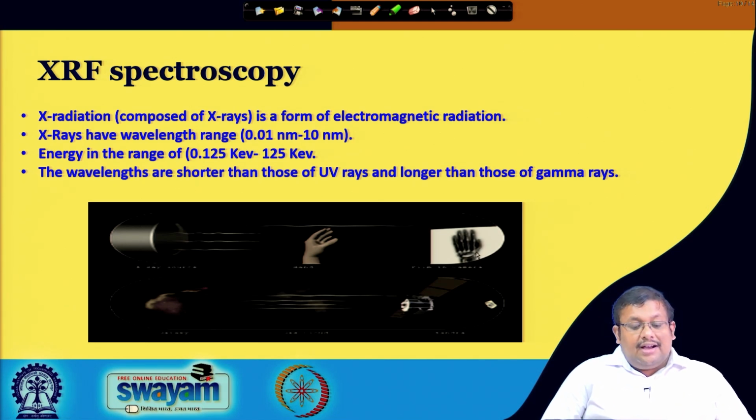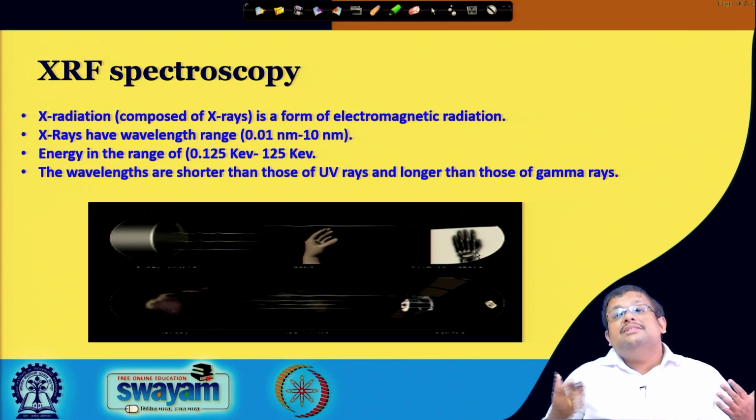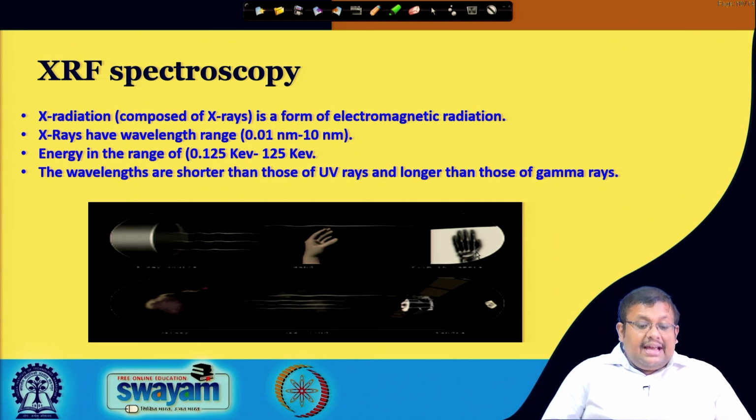These X-rays have a wavelength range from 0.01 to 10 nanometer and an energy range from 0.125 kilo electron volt to 125 kilo electron volt. So, a wide range, and the wavelengths are shorter than those of UV rays and longer than those of gamma rays. So, this is about the X-ray.